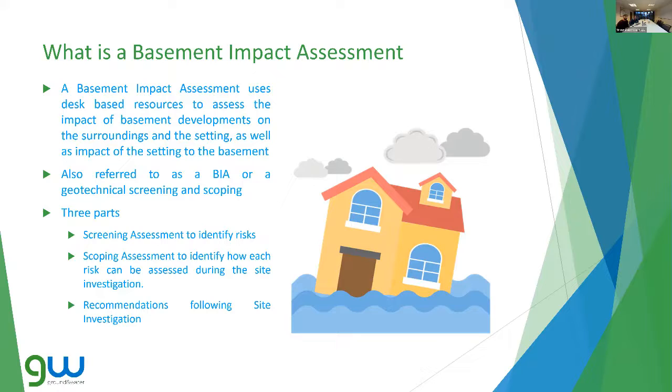Then you have the scoping assessment, which identifies how each of those risks will be assessed during the site investigation and how you should design the site investigation. And the final part is the recommendations, which come after the site investigations, and how those risks are taken into account and tackled, let's say, by all parties.